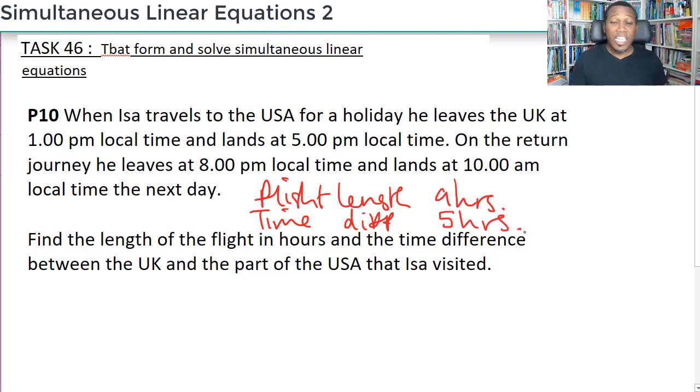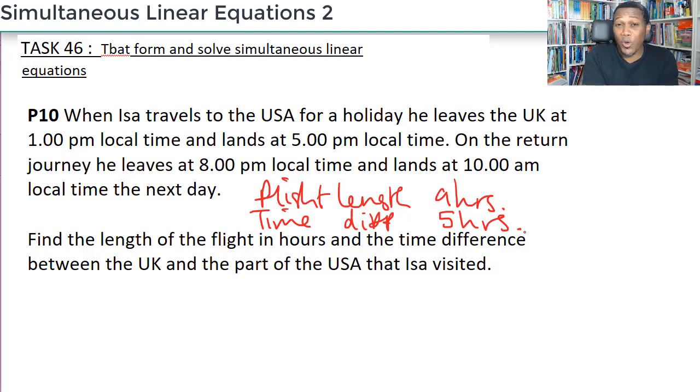So definitely he traveled from the UK to the east coast of the United States, which has that 5-hour time difference. I can't say for sure he went to New York. Could have been Miami. But Eastern time, that would be 5 hours behind.